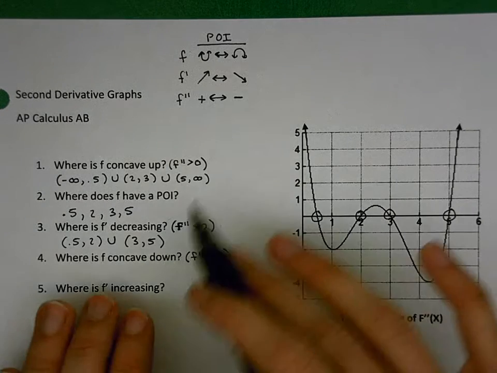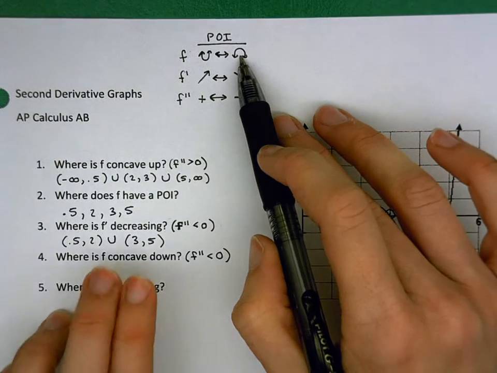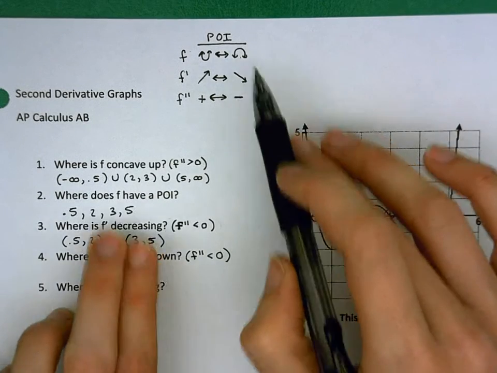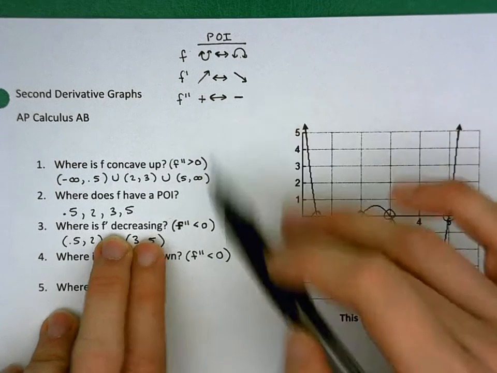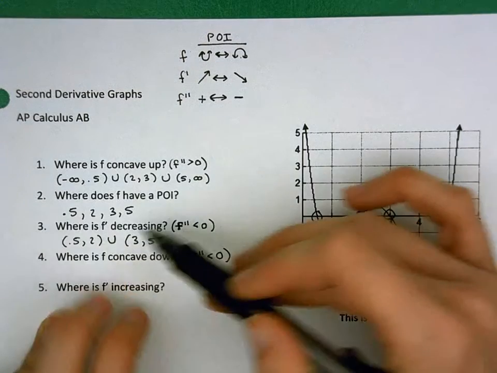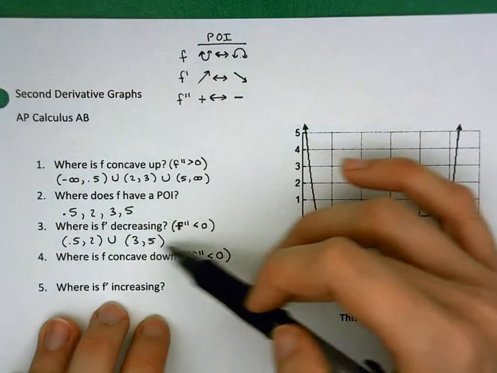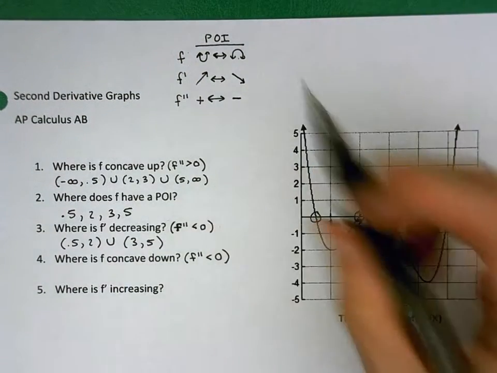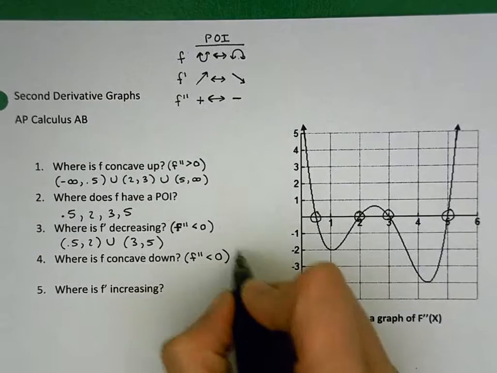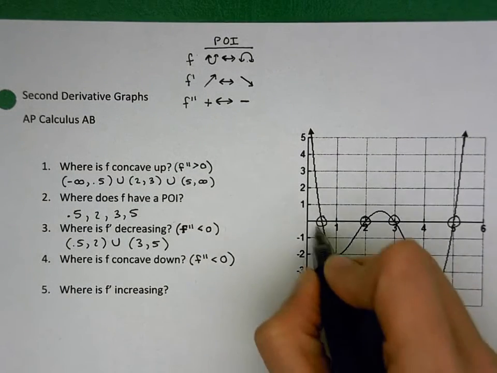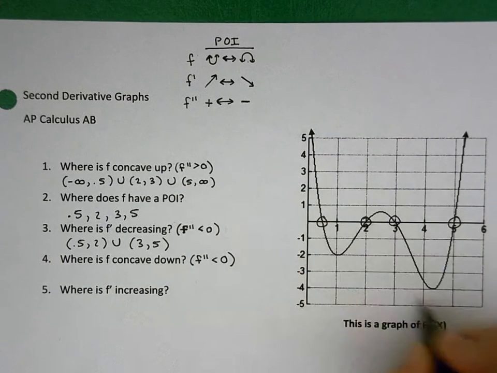The definition of f concave down is that f prime is decreasing, which means f double prime is negative. They're synonymous, the definition of each other. So where is f concave down? It's where f double prime is negative, which again is 0.5 to 2 and 3 to 5.